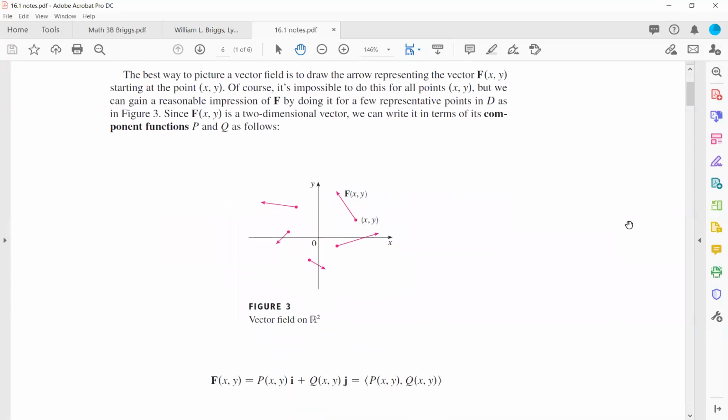So take a look at this figure here. You have function f that maps point x and y to a vector going toward this direction. Function f can take this point here and assign an arrow to this point.